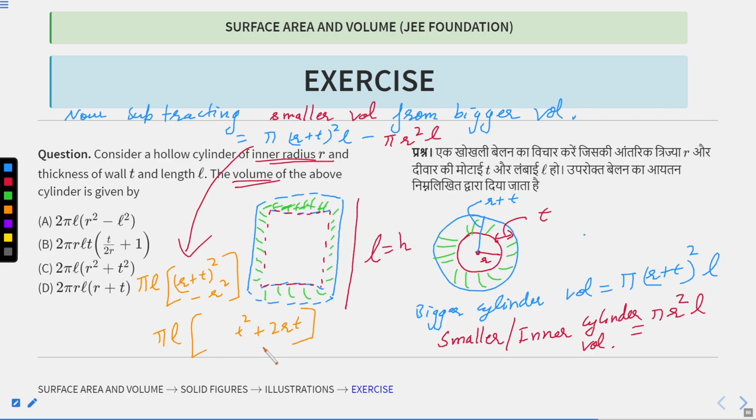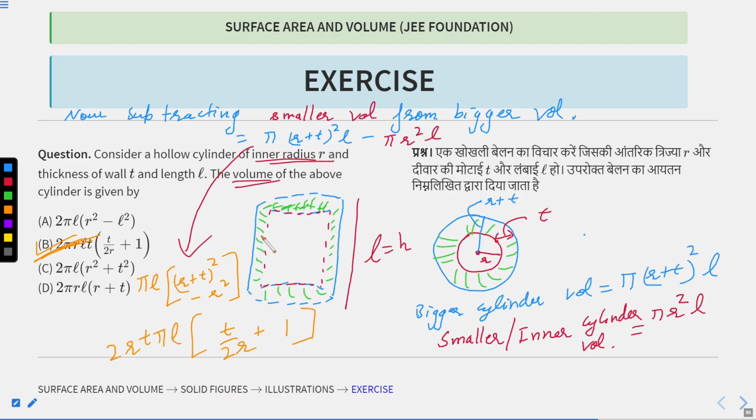Taking 2rt common, we will be left with 2rt times (1 plus t by 2r). So option B is my correct option.